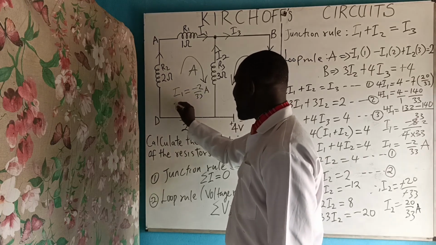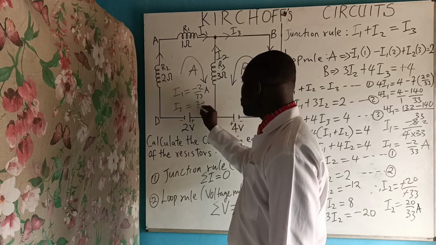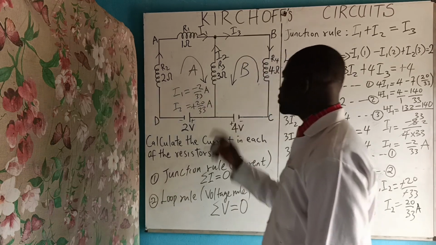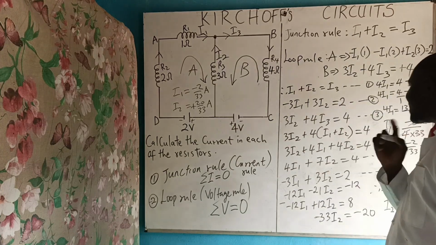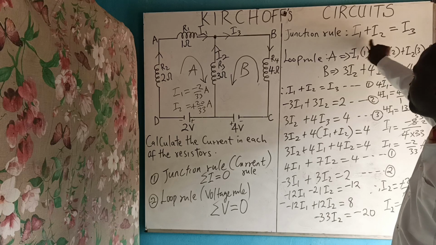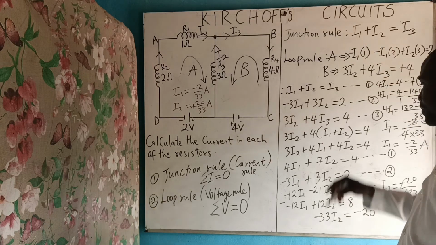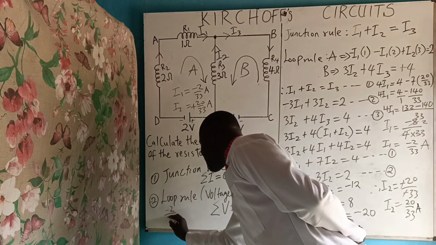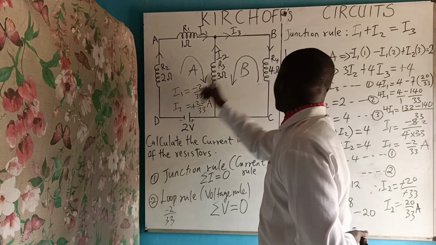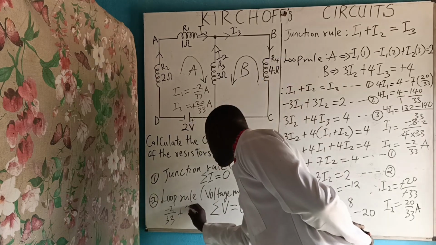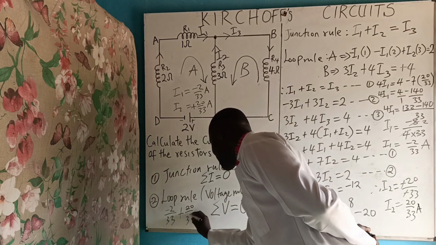We have our I2 to be equals to 20 over 33 ampere. This is negative while this is positive. So to get our I3, yes, we need to bring I1 and I2 here. We now say, okay, minus 2 over 33, this is your I1, plus what is your I2? 20 over 33.